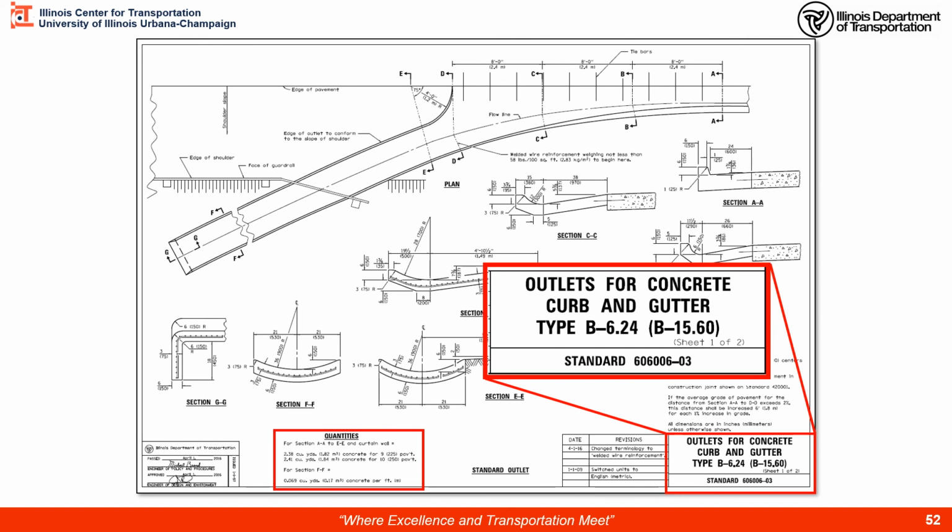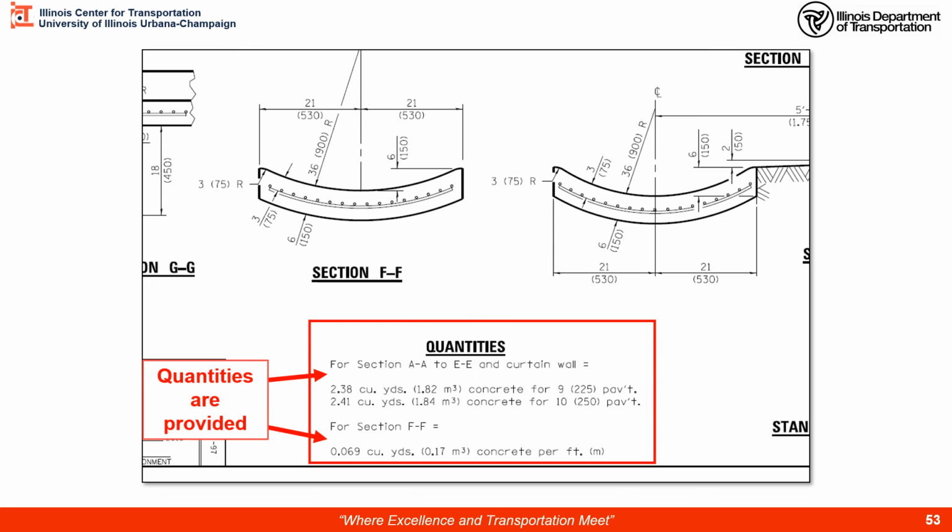Here's an example of how the standard gives you the information. And you have to make sure you have the correct standard for the curb and gutter or outlet or whatever the case may be. And then it gives you the appropriate quantities for different sections. So in this case, for section AA to EE, you're given the totals for different thicknesses of pavement.